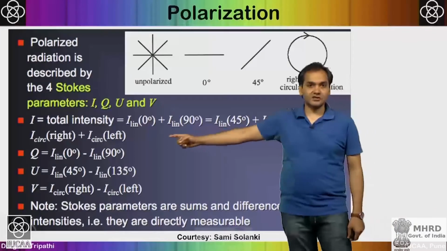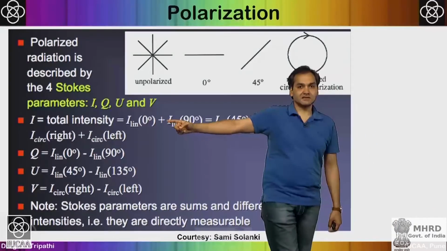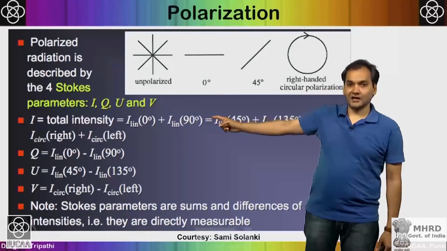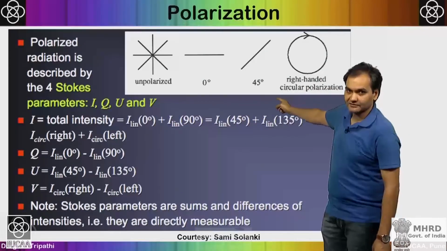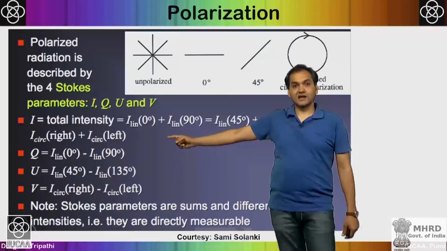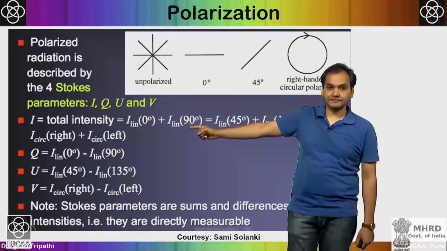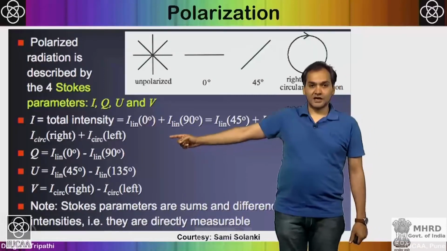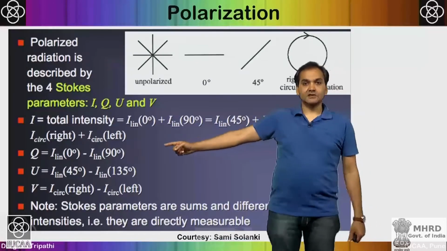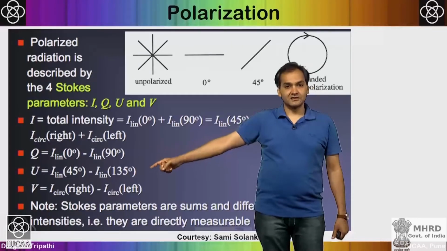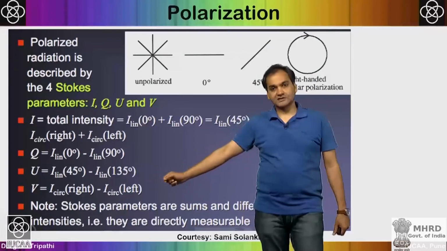So, if you measure the total intensity, then essentially it is I 0 degree and I 90 degree, or I 45, I 135 and so on, or you just take the I circular right and I circular left. That will be your I, the total intensity. Your Q is a different combination of 0 and 90, U is similar, and V profiles are similar.